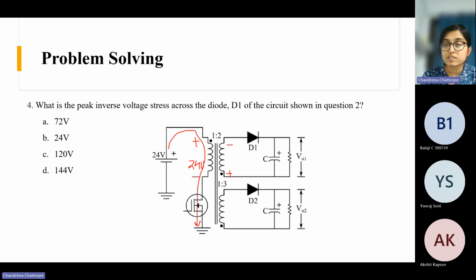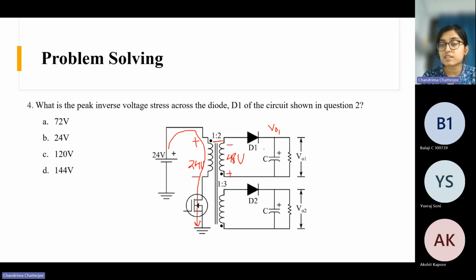At this point, the potential is V naught 1, which is always maintained because we have this capacitor filter here. And here we have 24, but because there is a turns ratio, you need to consider it. It will be 48 volt, because this is 1:2.